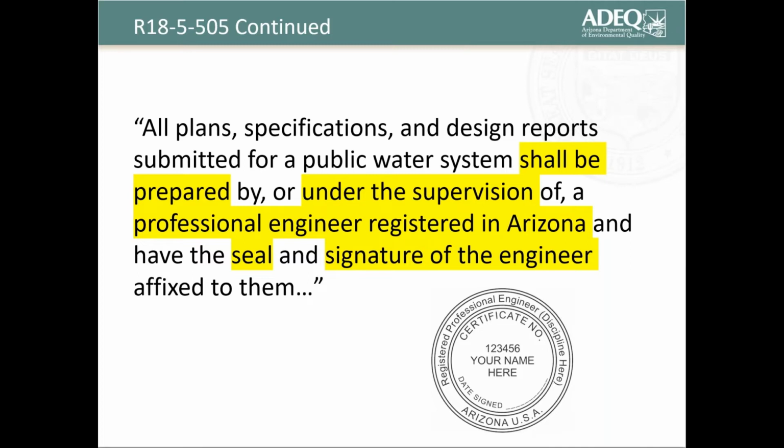The seal must include the signature and date signed once everything is completed. The seal must be on each sheet of the construction plans, and for the design report, it's only required on the cover page or somewhere on the report. Here we can see an example of the kind of seal that we see on the construction plans and design report.